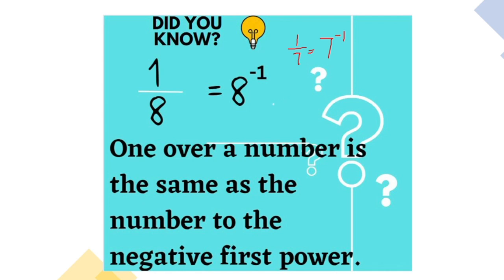You can also see 7 to the power of negative 2, or any number like 9 to the power of negative 3. 7 to the power of negative 2 can be written as 1 over 7 to the power of 2. See, our power changed to positive now, which will be 1 over 7 times 7, 49. And same way here, 9 to the power of negative 3 will become 1 over 9 to the power of 3. Okay, and you can solve it to find the value.